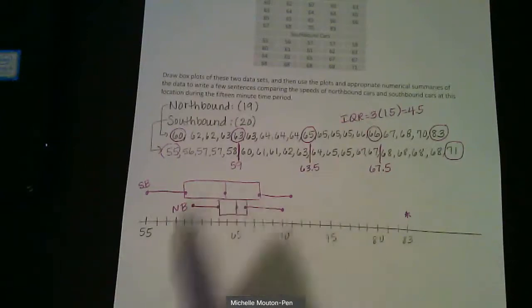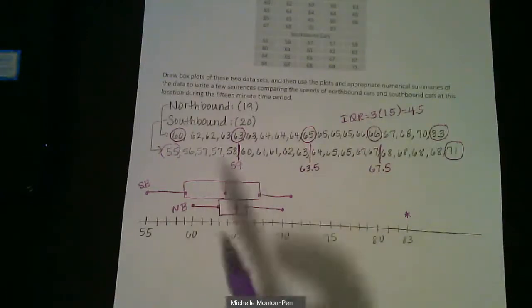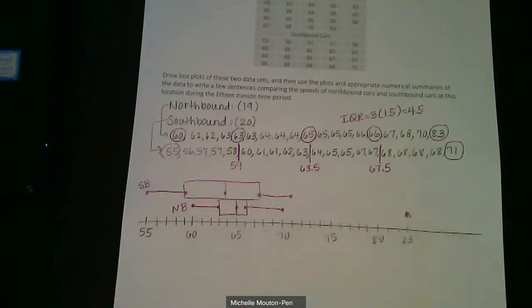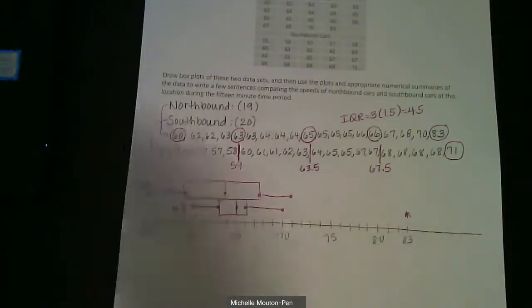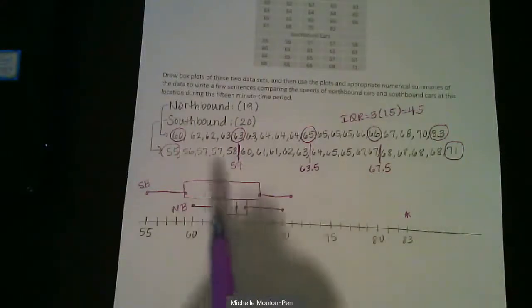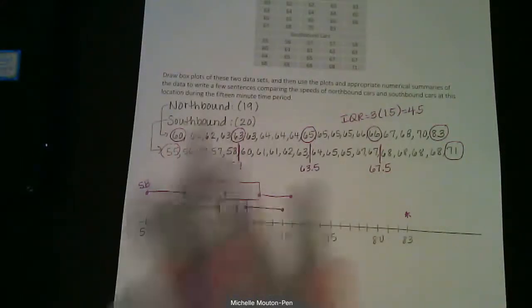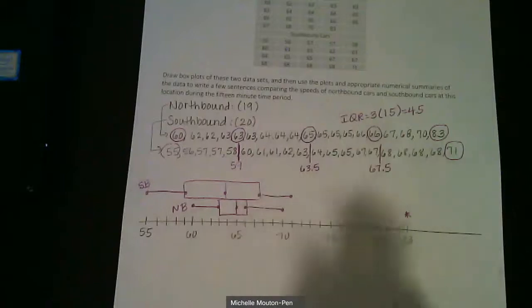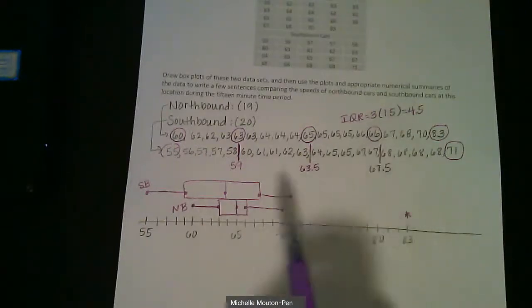If the state trooper were going to use this data to make some claim to whoever he's gathering this data for, he really should use the median to accurately portray the data, because this outlier is really going to affect the mean of the northbound traffic. So he would want to use the median.